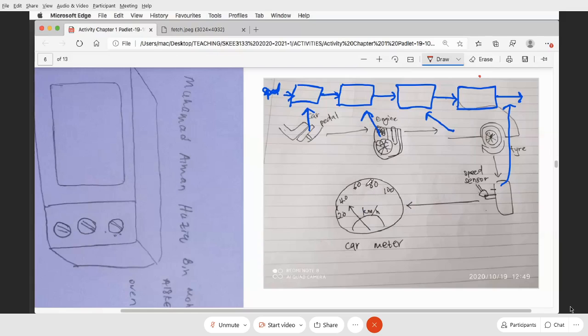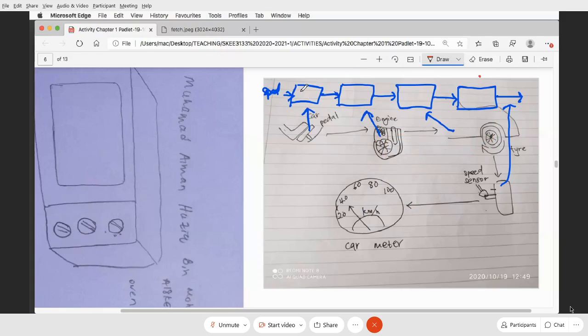your eyes monitor the current speed, you can put it as feedback. Yeah, this is feedback. Why?